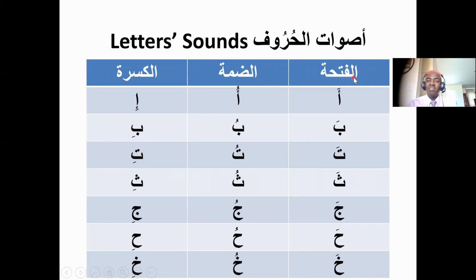Fatha in Arabic means to open. When we pronounce this, we open our mouth. Alif, a, we open our mouth. That's why we call it fatha. Dhamma is to close something, like here in this case, u. See, alif, u, and kasra is e.